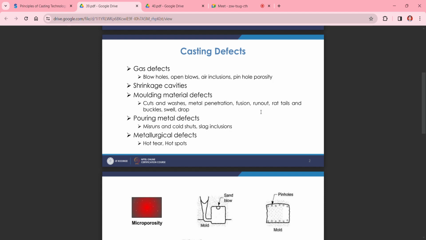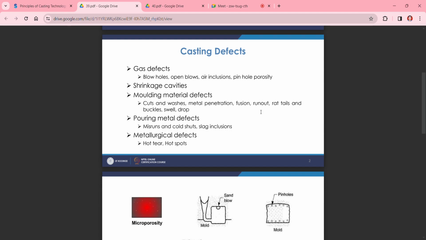Blowholes are created when your casting expands due to gaseous entrapment after you put the molten metal inside the mold.